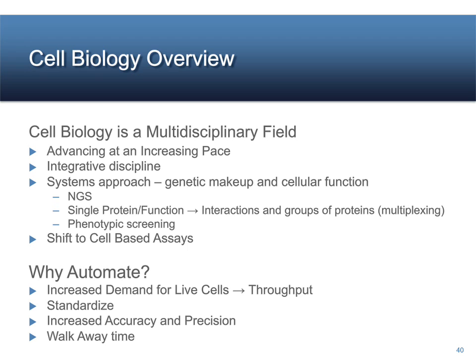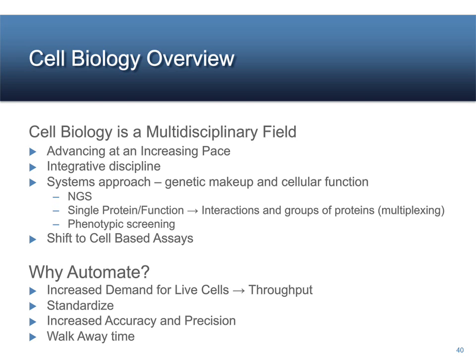Also, to avoid the variables from one person to the other, labs and researchers are looking to standardize and become more consistent with their protocols, and the robot and automation is able to handle that for a customer. Also, the automated equipment is extremely accurate and precise and will handle the process the same way every time.